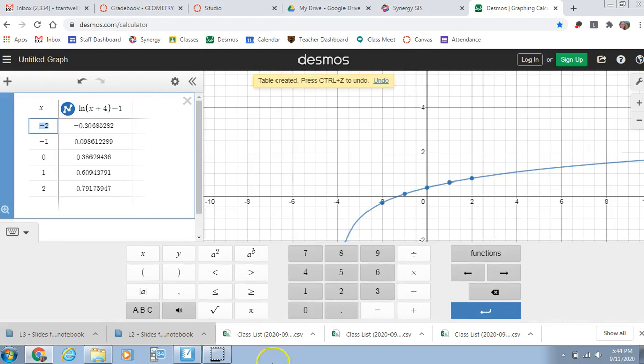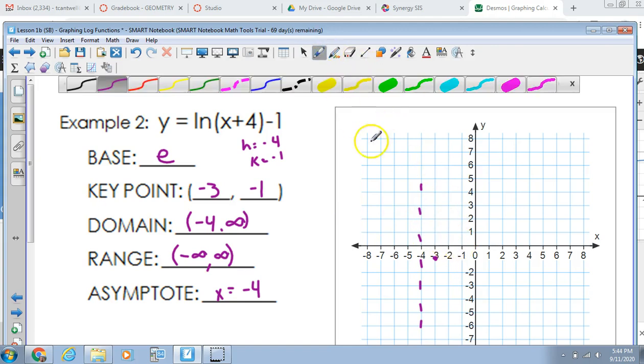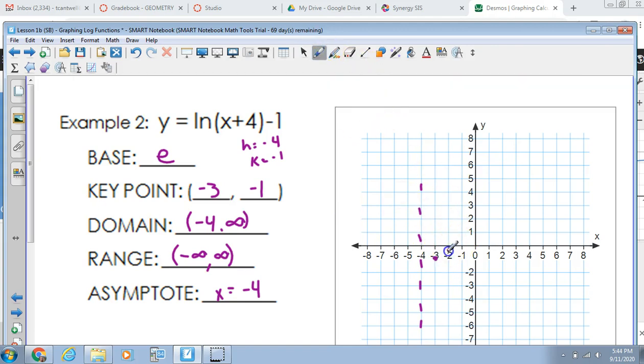And to see these, we're going to go back over and just plot some of those values right now. We have the -4 does not exist, -3, -1, -2, it was -0.31, -1, this is here. So we're closer and closer to our asymptote, and then here they're rising slowly.